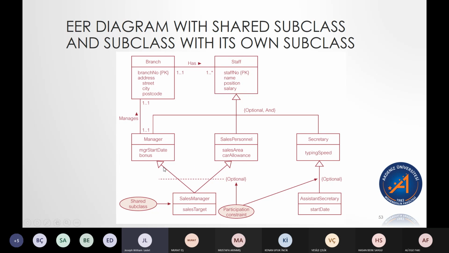Here, another thing that we are allowed to do that we weren't allowed to do in UML is we can have children that are subclasses of the combination of two classes. So here we have the manager and the sales personnel combine to make a sales manager. So this would be a child that would be both a manager and a sales personnel.